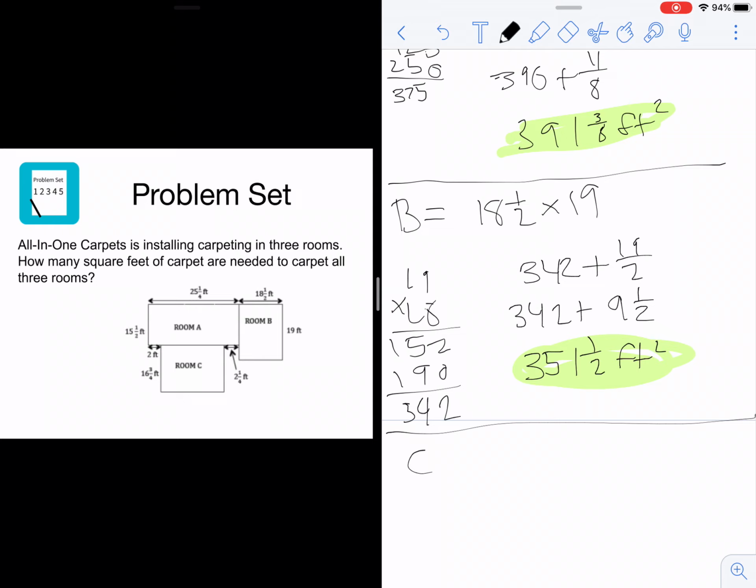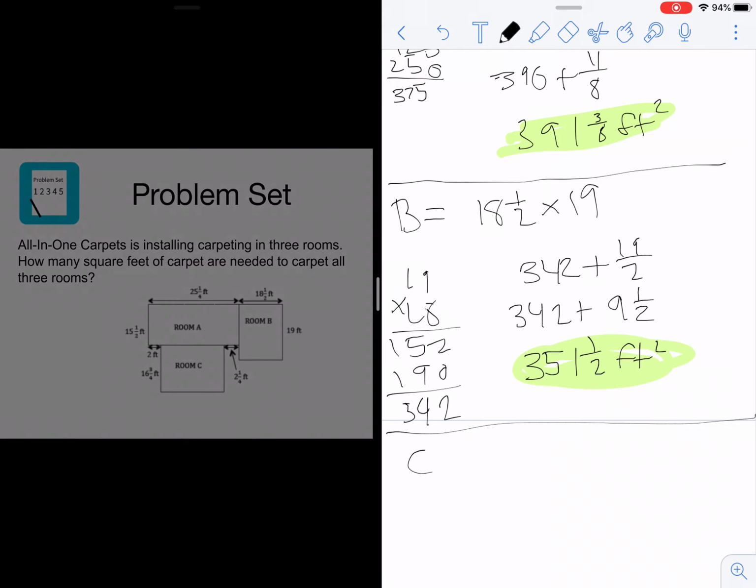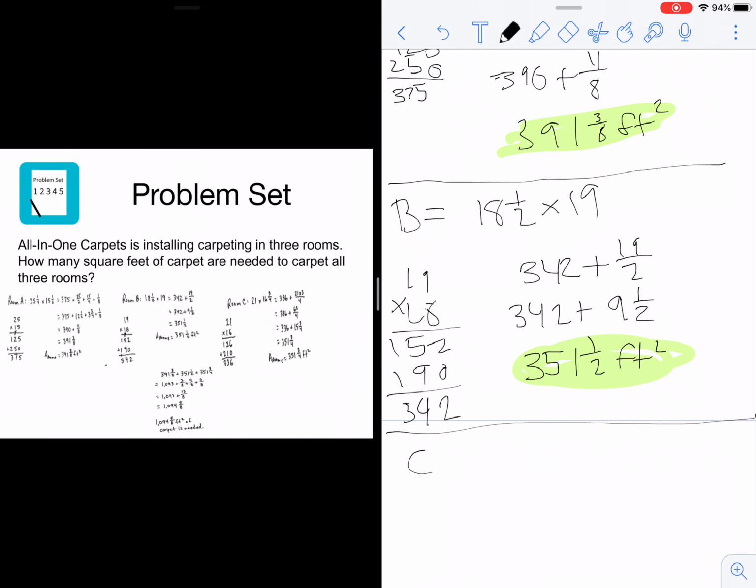Room C, we've got to find the dimensions of the length of room C. So it tells us that we know the length of room A is 25 1/4 feet, so then we have to subtract 2 feet on one side and 2 1/4 feet on the other side. So this is kind of what I was just doing, which gives us 21.